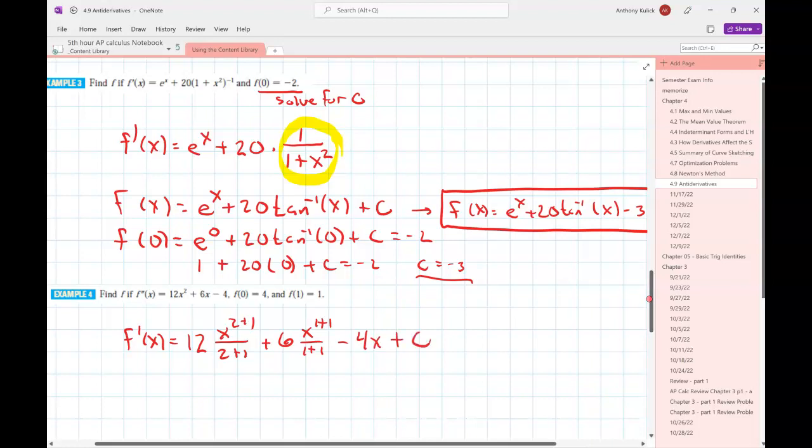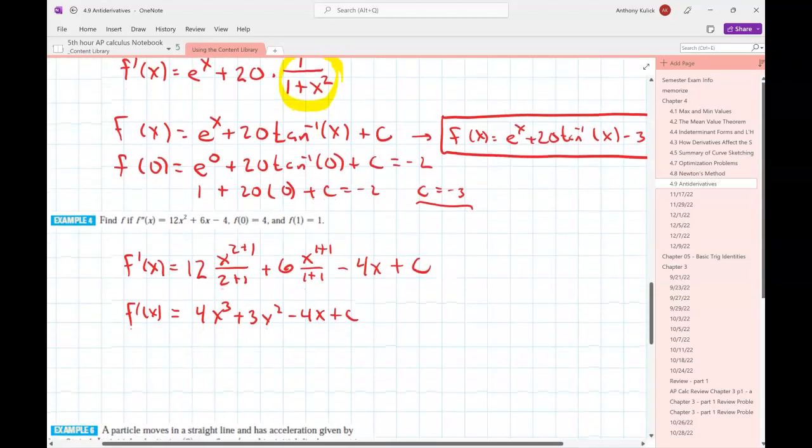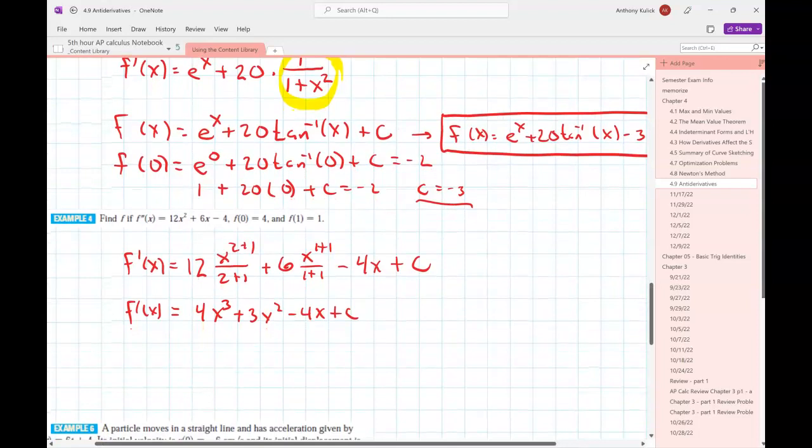Then I have my plus c at the end. So simplify that down a little bit. Everybody happy there? So at this point, I could plug in and solve for c.